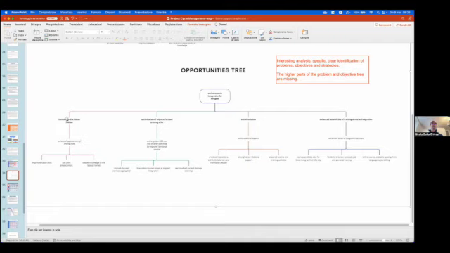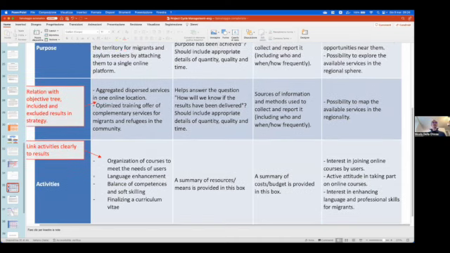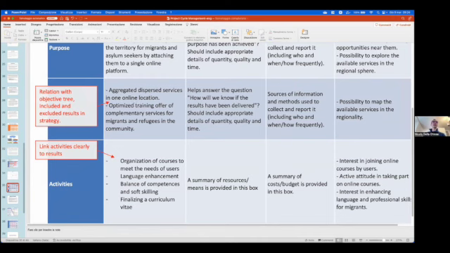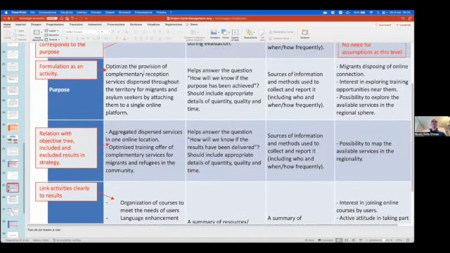So which of these stated in the opportunities tree would the objective of the project be? It seems a bit of maybe a combination of different objectives.